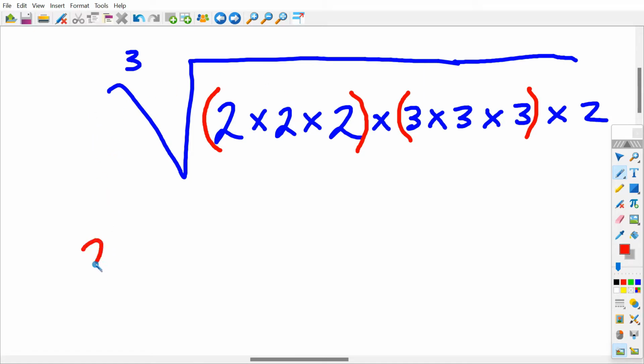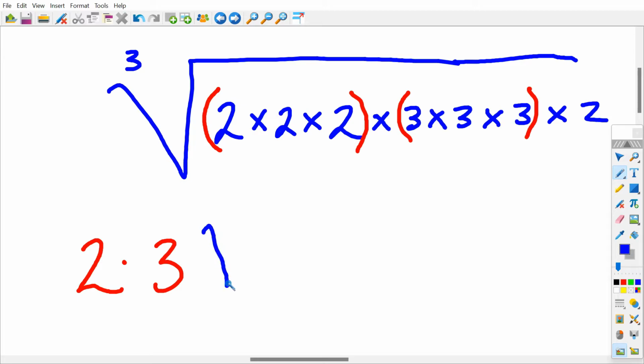So in this case we're going to have 2, and then times, we're going to pull out our second factor here. So it's like we're saying, what is the cube root of 3 times 3 times 3? Well, the cube root of 3 times 3 times 3 is just 3. And you could evaluate that to find that out as well.